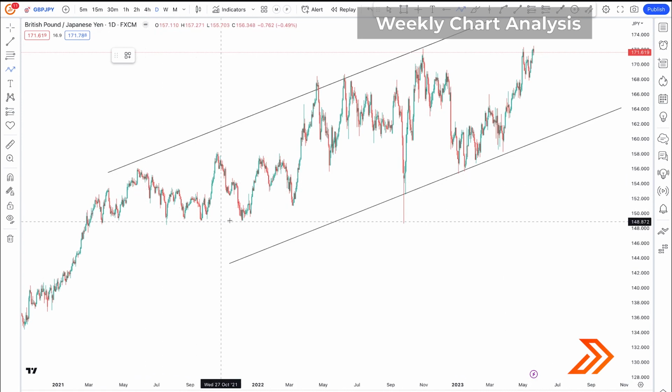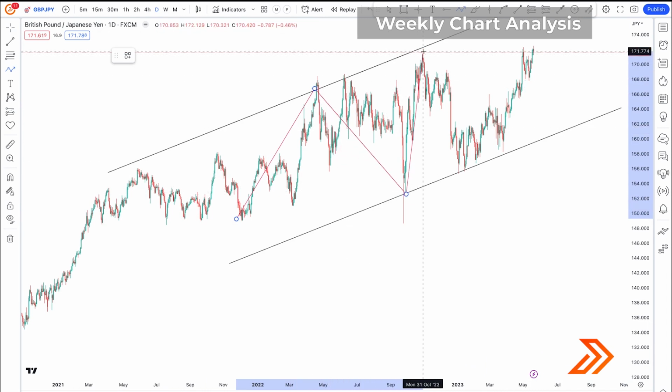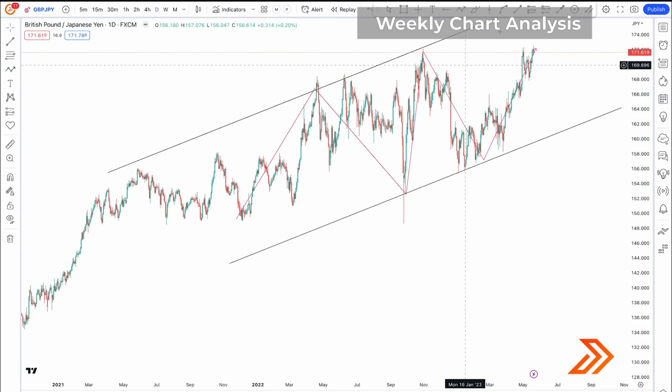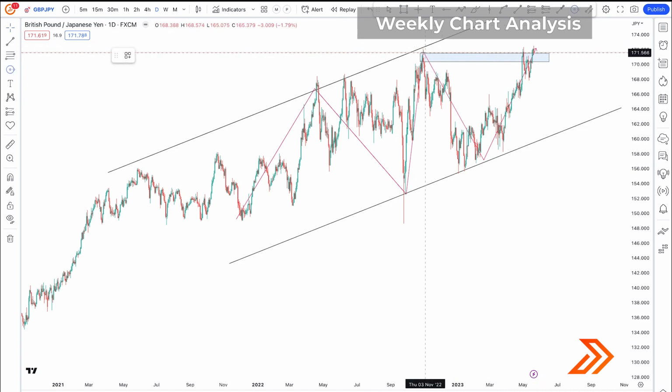All right, and then we had price ranging within this bullish channel, and then price coming back to test this high that was created initially. So this is the first leg of the high, the first top, and then we had more of a second top. Okay, sorry about this.